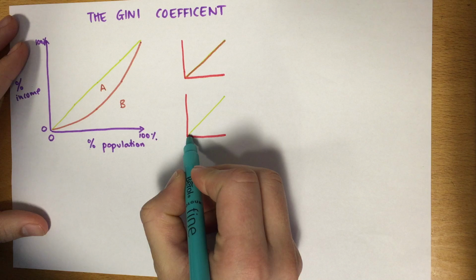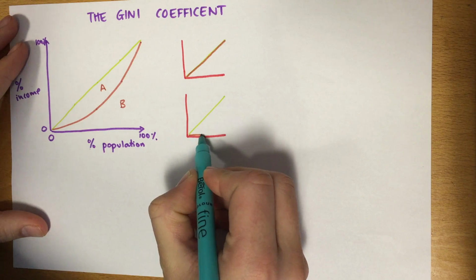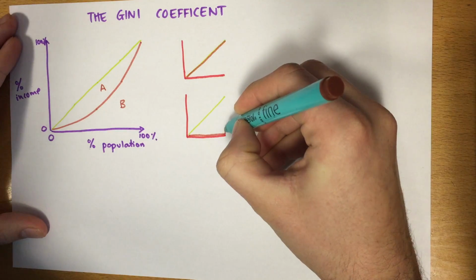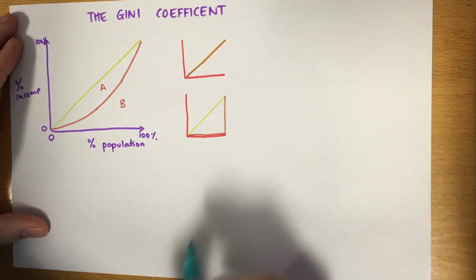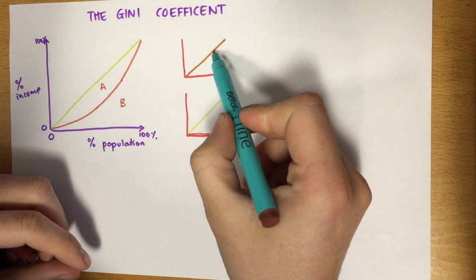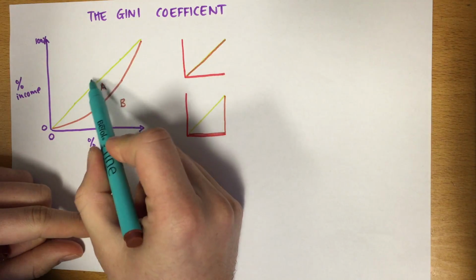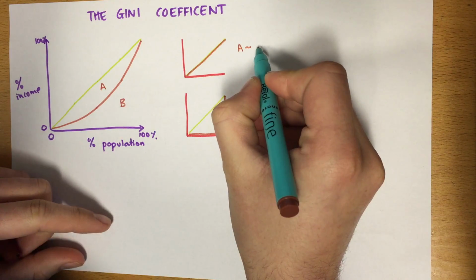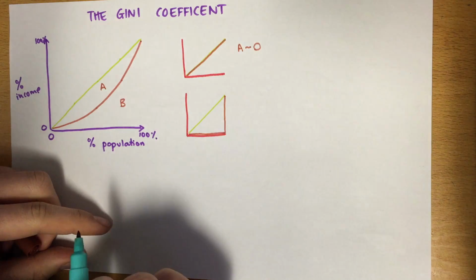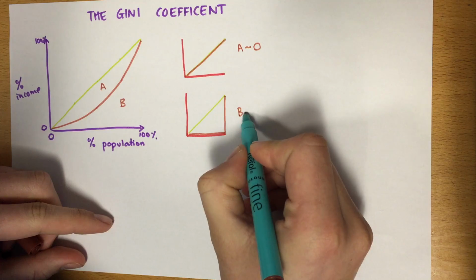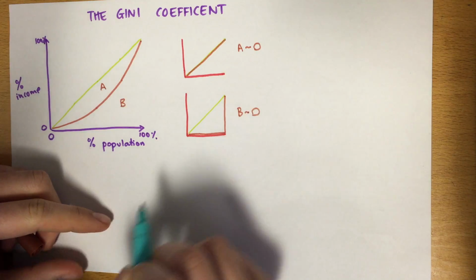In this second example here, nobody is going to earn anything until the very last person in that society, and they own absolutely everything. So in this example up here, the value of A is pretty much 0. And in this example here, the value of B is pretty much 0.